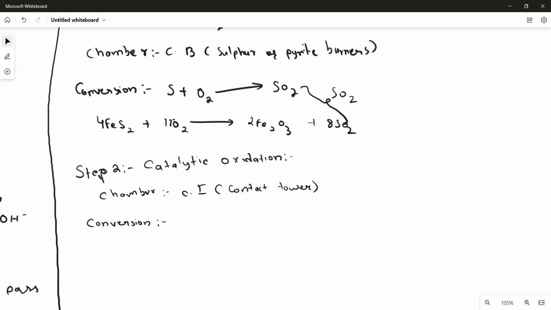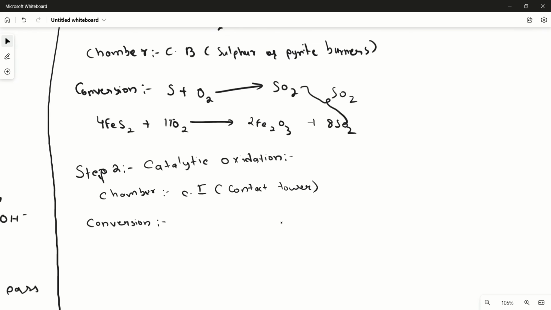As I told you, in the catalytic oxidation, we convert SO2 to SO3 by the passage of sulfur dioxide and oxygen through an iron tower packed with catalyst vanadium pentoxide at the temperature 450 degrees Celsius. Initial temperature increases. So what we do is we oxidize SO2.